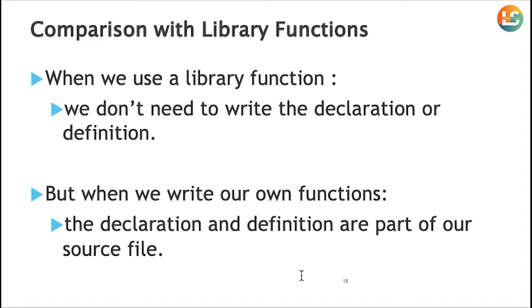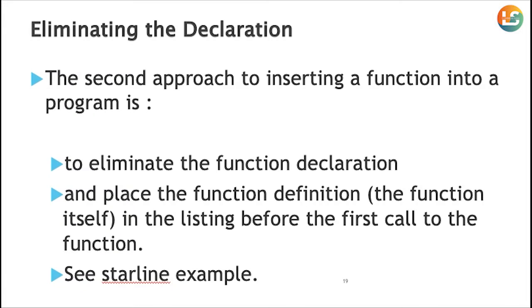As I have said earlier, there is one possibility in which you can eliminate or skip the declaration. If you want to skip the declaration, then the only possibility is that you define your function before its calling.